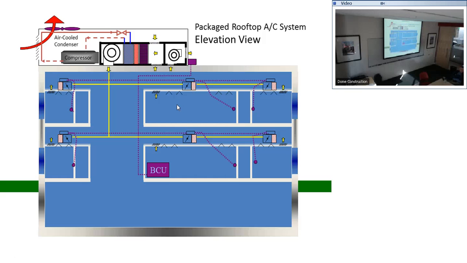Does everyone understand that? Did someone not understand? I'm willing to bet someone didn't understand. So you're controlling the cooling. Temperature remains the same. You're controlling the cooling by how much cold air you're dumping into the space.